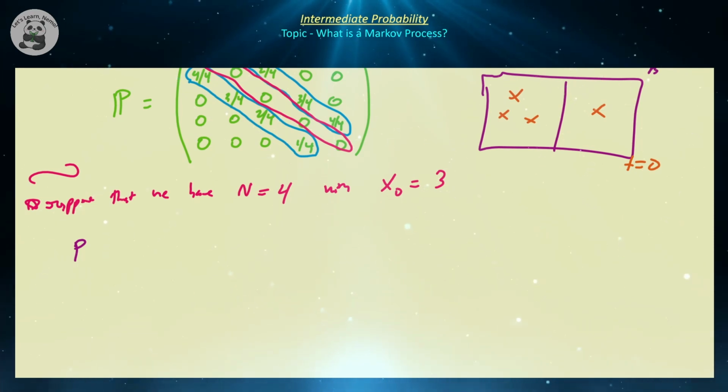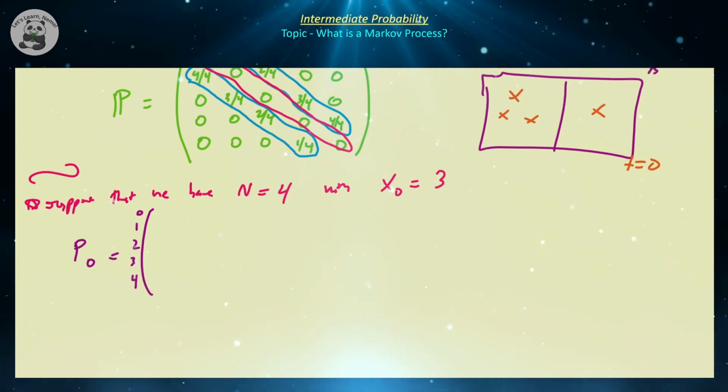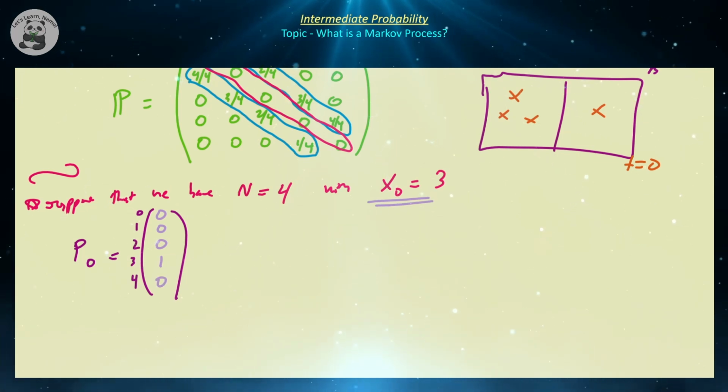So what is the probability distribution for x0? It is going to be represented as 0, 1, 2, 3, and 4, keep in mind, okay? So what is the probability that we have 0? Obviously that's 0, 1, 2, 3 is guaranteed, that's our assumption, and then finally 0. And then we can say, okay, well, what is the probability distribution for x1? So that's going to be equal to our stochastic matrix times p0.